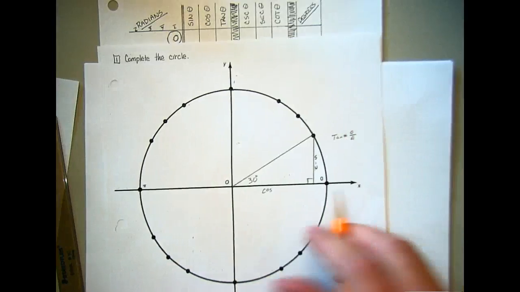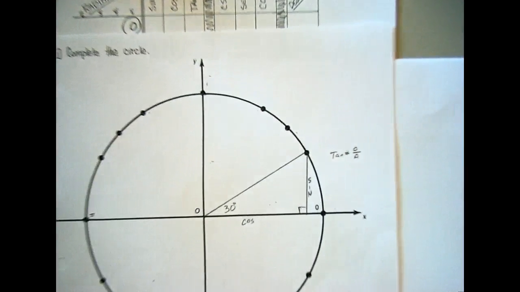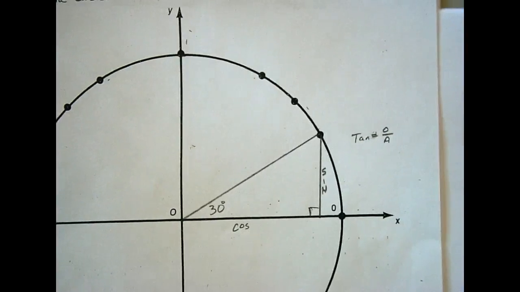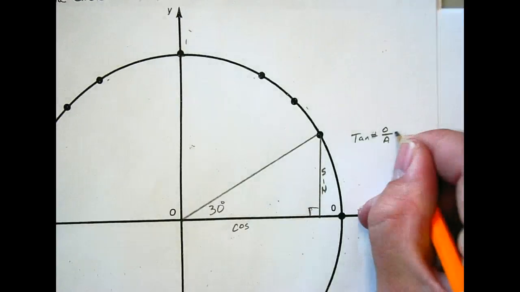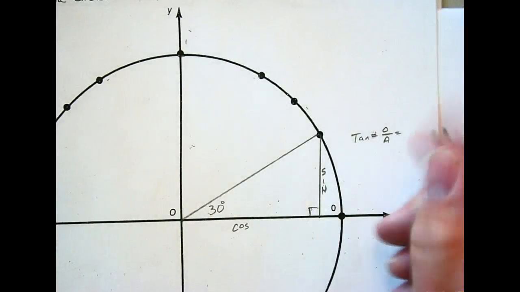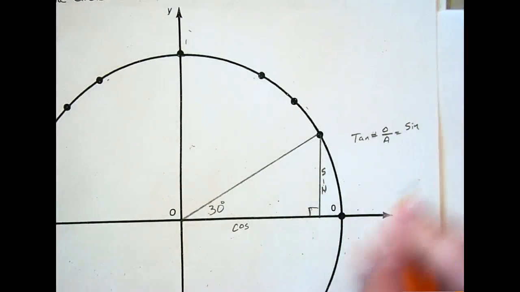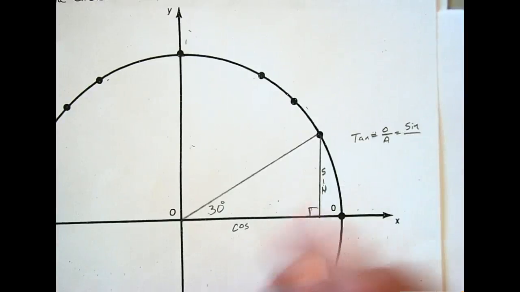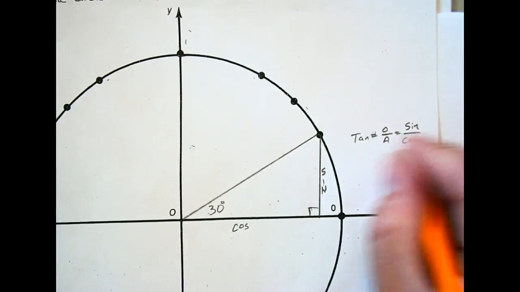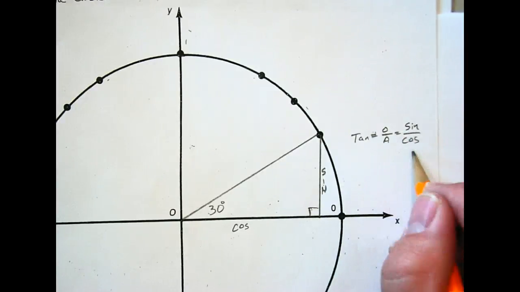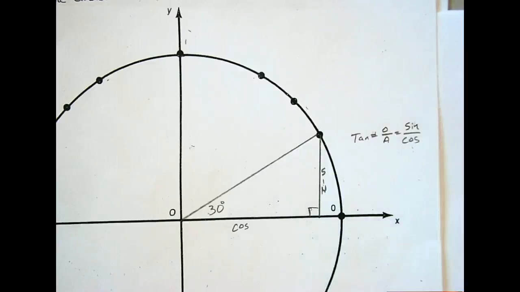And the opposite here we're actually calling sine. And adjacent is cosine. So tangent is sine over cosine. Tangent is always sine over cosine.